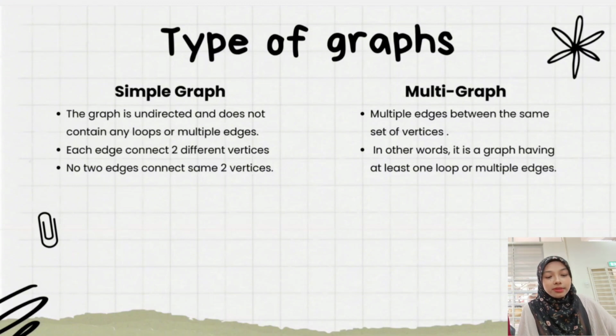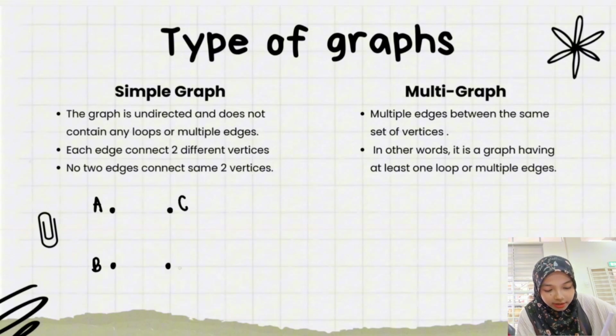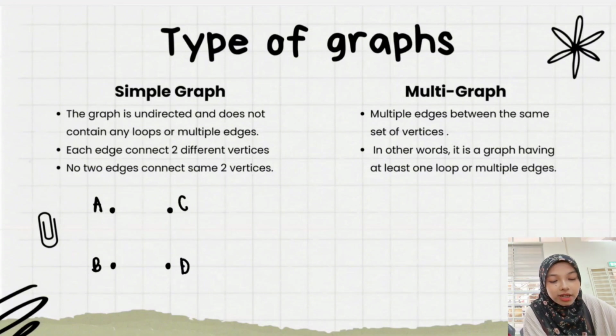So for example, I'm going to draw the graph for you. This is A and then B, C and D. It says that each edge connects two different vertices, so I'm going to connect A to B and then A to C. So A is already connected to two different vertices.